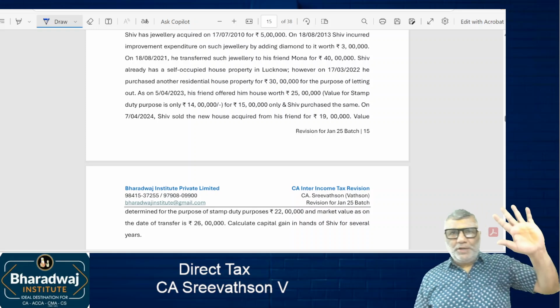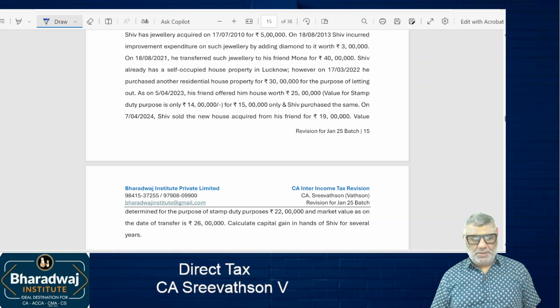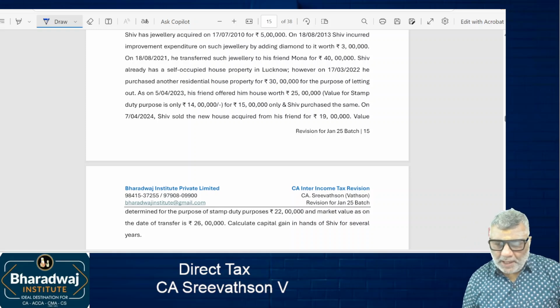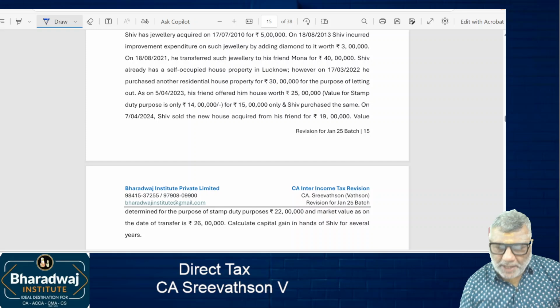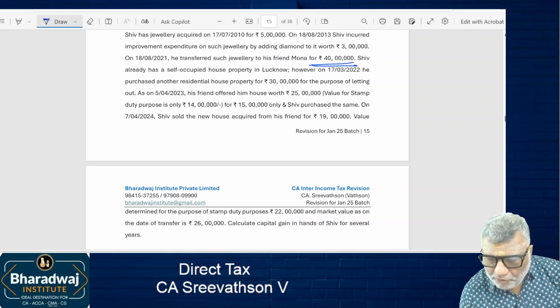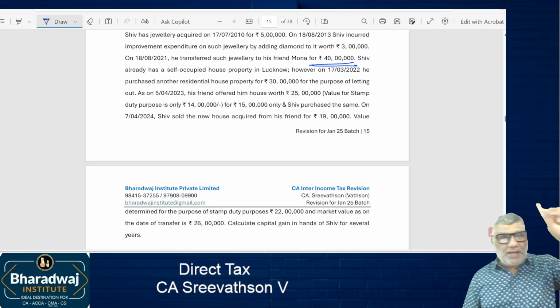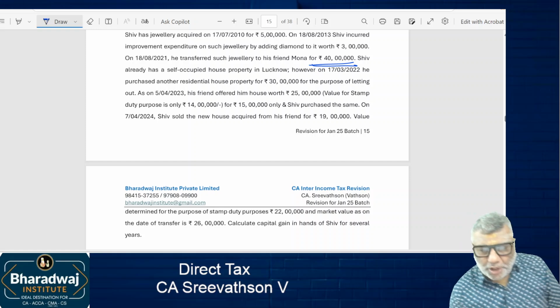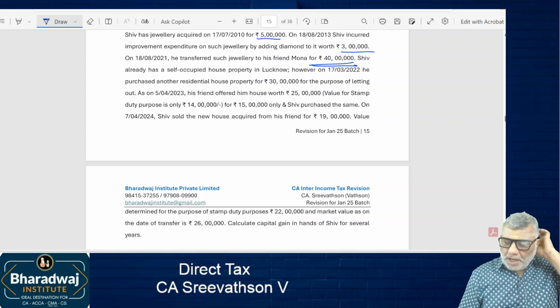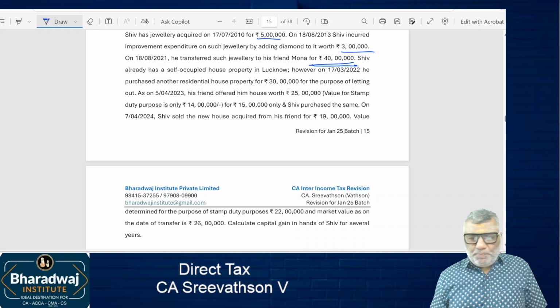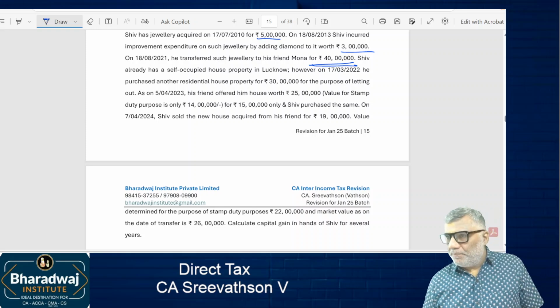Okay, let's decipher the question. In the financial year 21/22, he sold some jewelry for 40 lakhs, which was acquired in 10/11 and improvement done in 13/14.